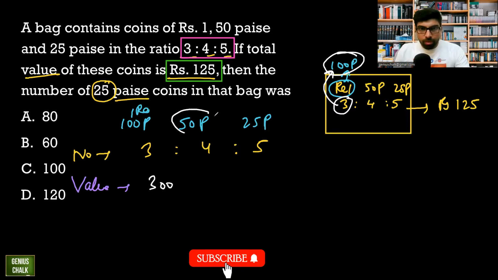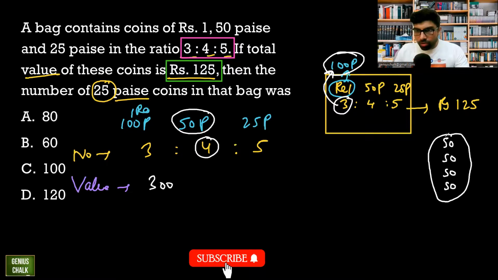Then if you have 50 paisa coins and there are 4 such coins, the total is 200 paisa. Similarly, you have 5 coins of 25 paisa, so 25 into 5 is 125.